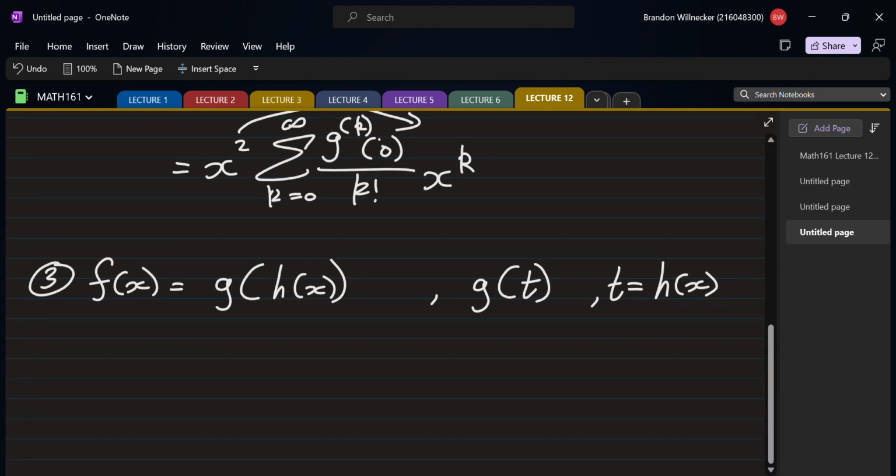If we have a composition, we can write this as the sum from k equals 0 to infinity. We find the Taylor series for g at the point we're interested in.